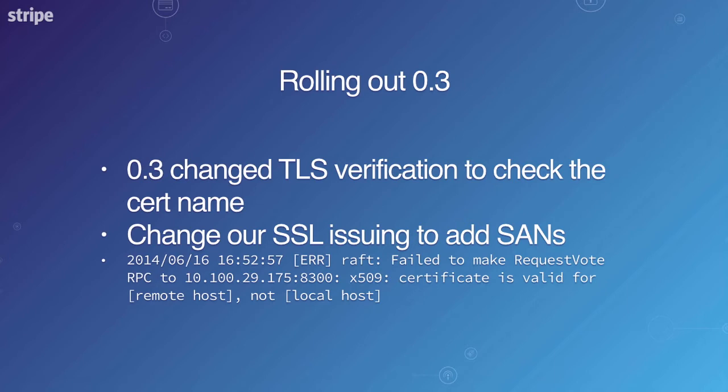0.3 changed this. So we're like, okay, fine, that's kind of annoying, but that's a reasonable decision. We changed our SSL infrastructure to add subject alternative names to the cert that matched the Consul node names. We roll that out, still doesn't work. We look at the logs, we see errors of this form everywhere: failed to make request vote RPC, certificate is valid for remote host's name, not local host.